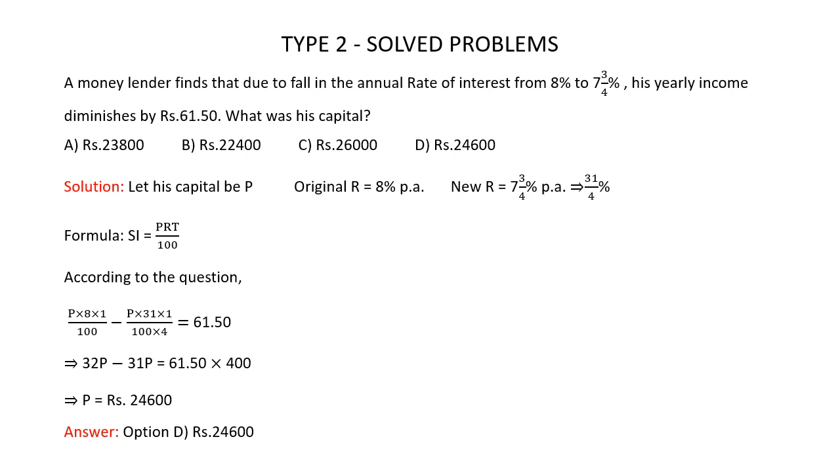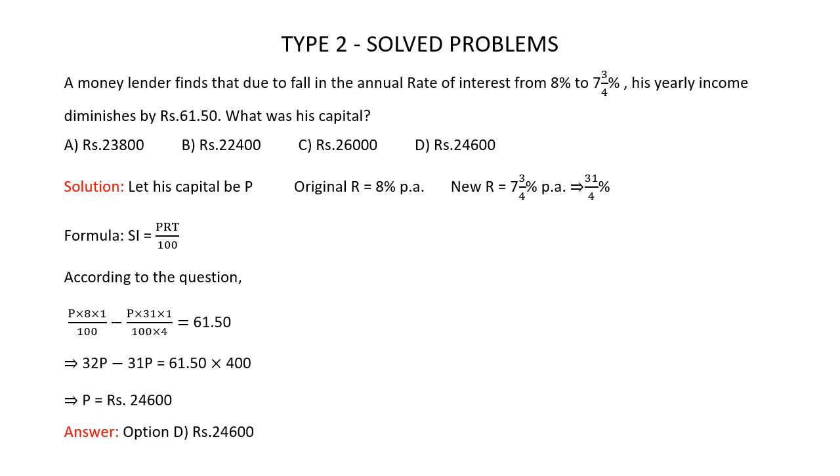Now it's given that because of this decrease in the rate of interest from 8% to 7 3/4% per annum, the moneylender's yearly income reduced by rupees 61.50. Now, yearly income is nothing but the simple interest on the moneylender's capital.